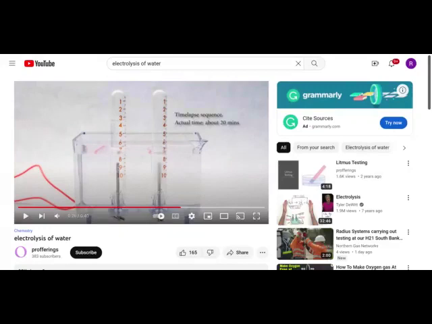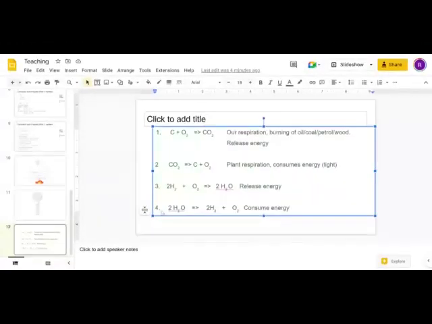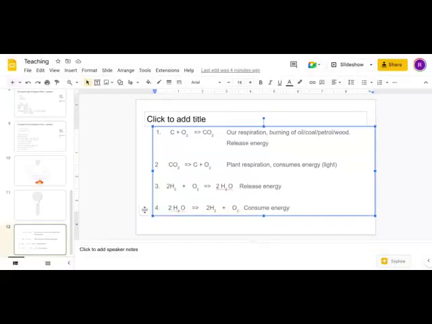So let's look at the equation, okay? 2 molecules of water, when you break it, how many molecules of hydrogen and how many molecules of oxygen does it give? See, an oxygen molecule has 2 oxygens. A hydrogen molecule has 2 hydrogens.